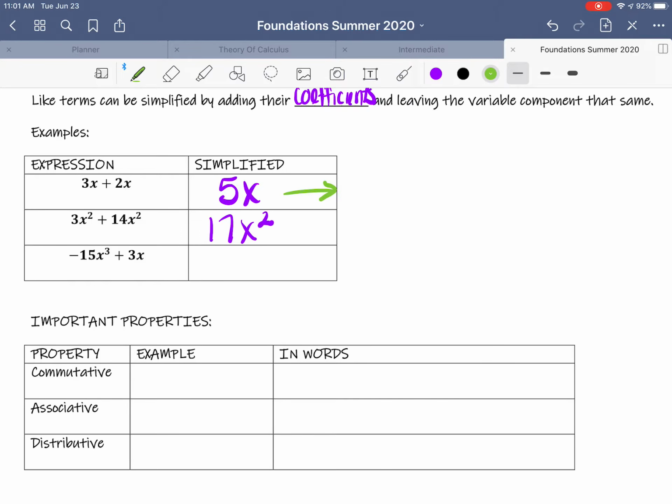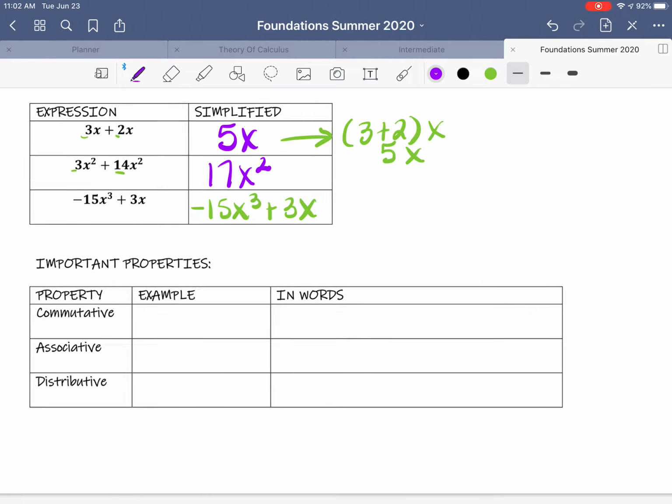So what's happening here, just to show you the mathematics behind it, is we're taking their coefficients and adding them together. And then this third example, we can't actually add them together because they're not even like terms. So we just leave it as is. It's done.